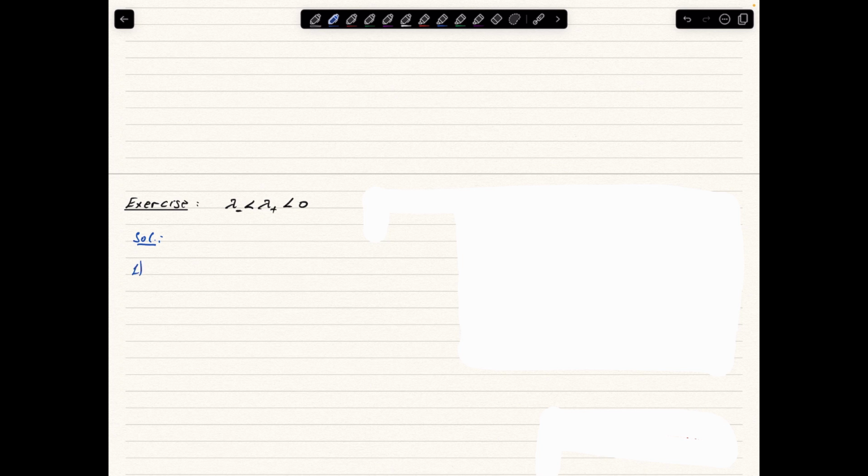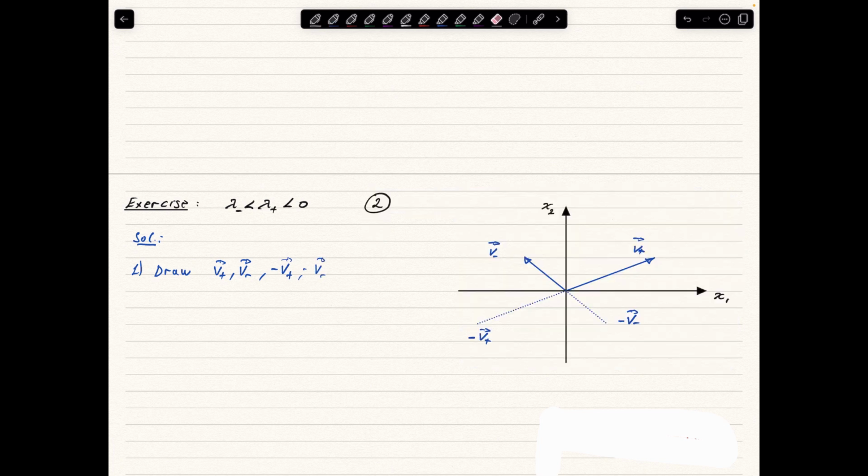So the first thing to do is draw the vectors v plus, v minus, minus v plus, minus v minus. Hopefully it's here. Let's suppose we have these vectors as the v plus and the v minus.